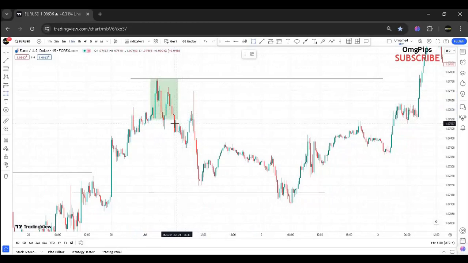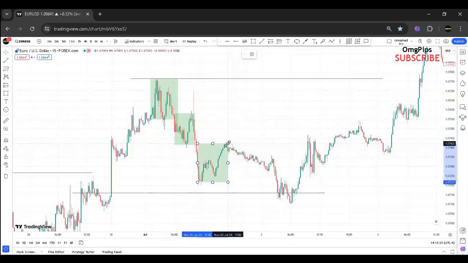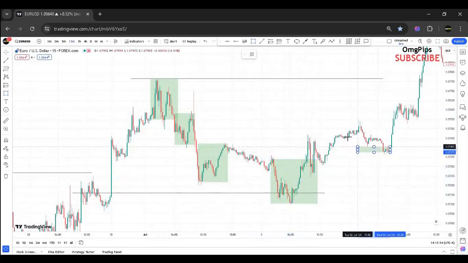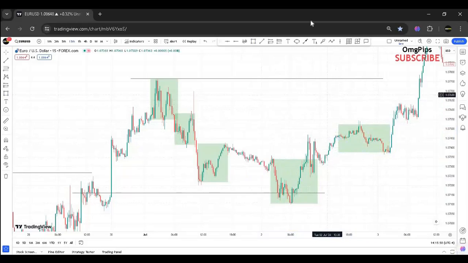We have our first leg distribution right here, second leg distribution right here, then we have our smart money reversal, and I'm going to explain why in a second. Have our first leg accumulation right there, and our second leg accumulation right there.